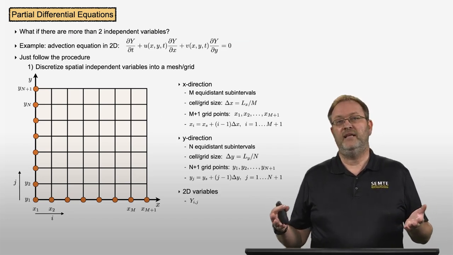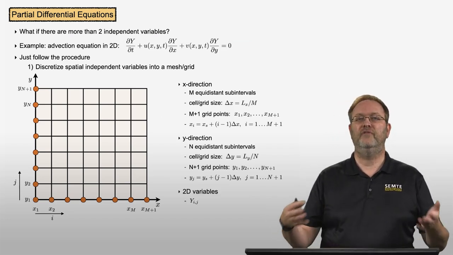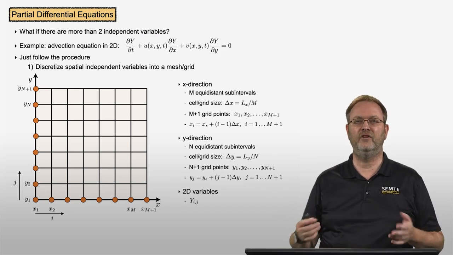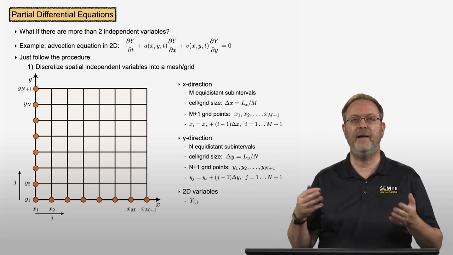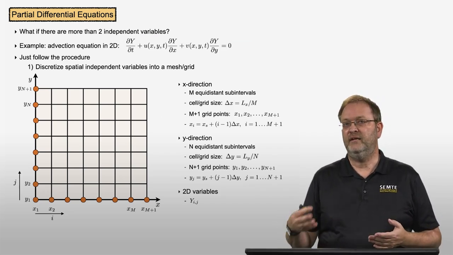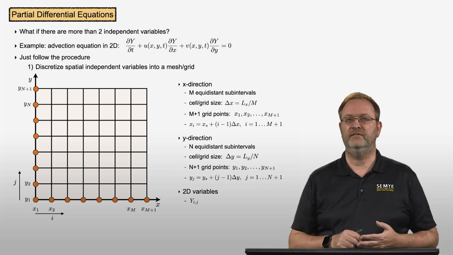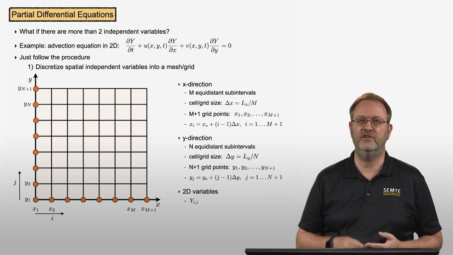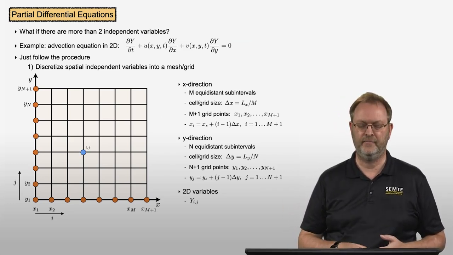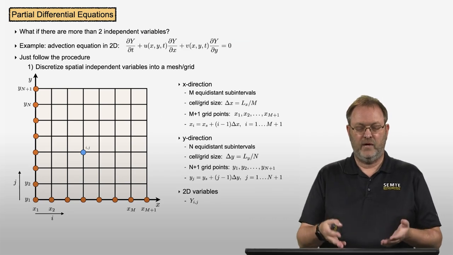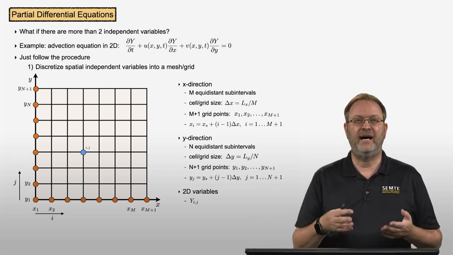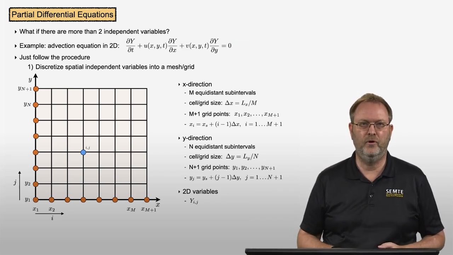Now this also means that the solution variables are now defined on a 2-dimensional mesh. So they will need these 2 subindices to identify their position, i, j. Let's say y, the mass fraction at this grid point i, j, would be that blue point.